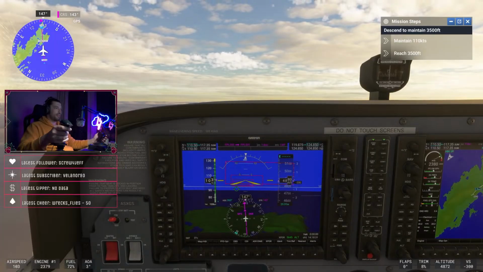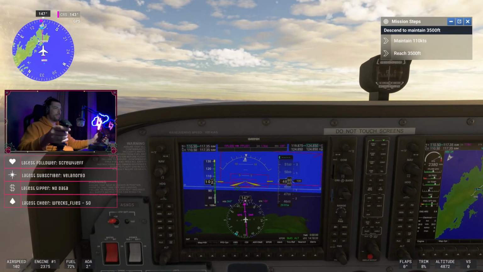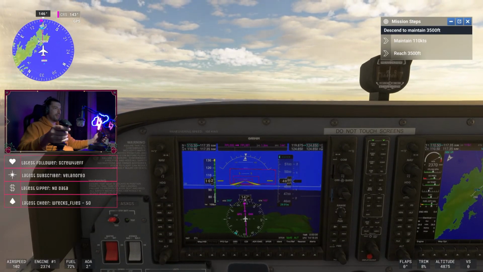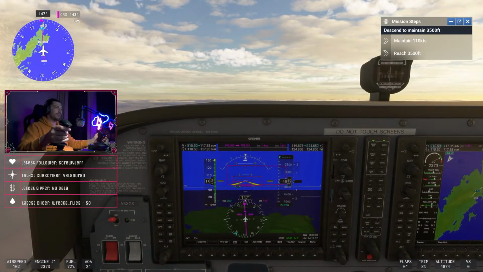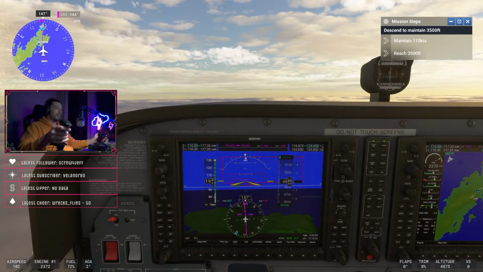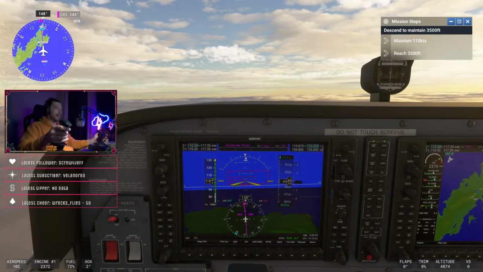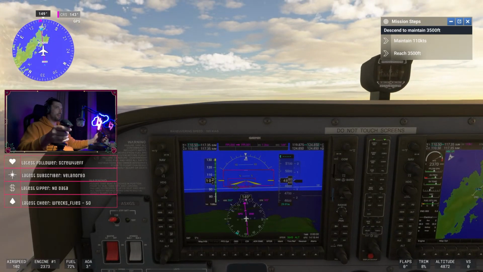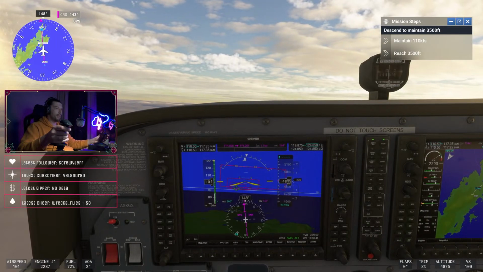The yoke is very sensitive, by the way. Oh man, 110 knots. Yeah, I know, but I think as long as he's not, oh, I need to have 110. All right.